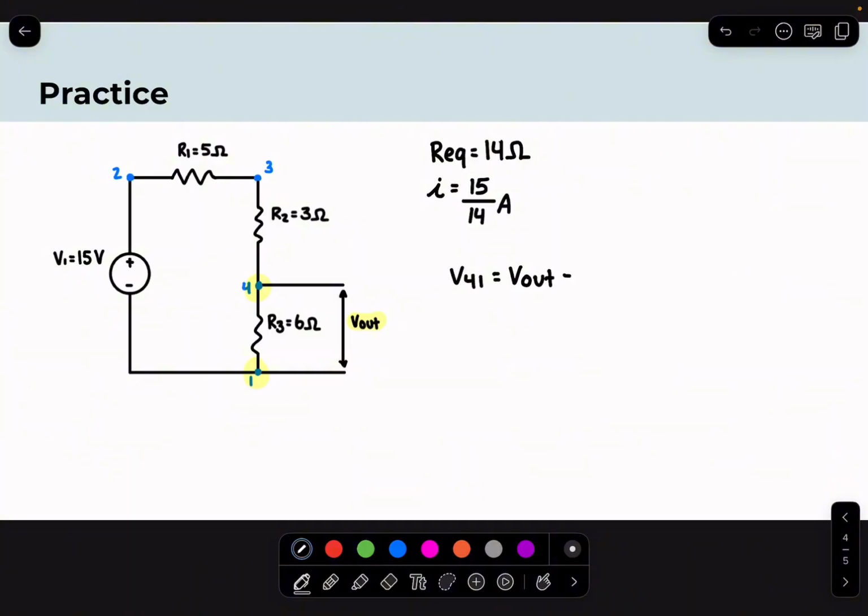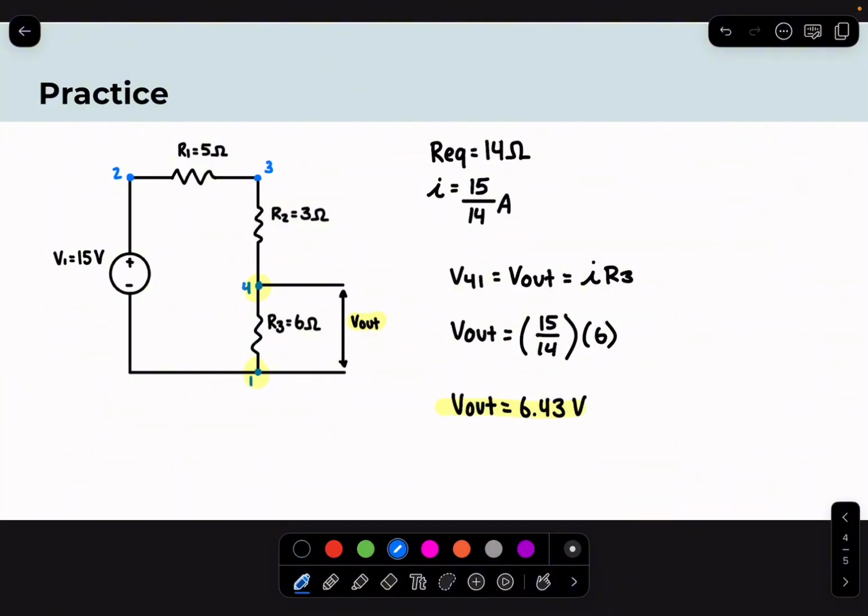And we know from Ohm's law that this is going to be the current times the resistor, which is the third resistor. Plugging in, we have V out is going to be 15 over 14 times R3, which is 6. When you plug that into your calculator, you get 6.43 volts.